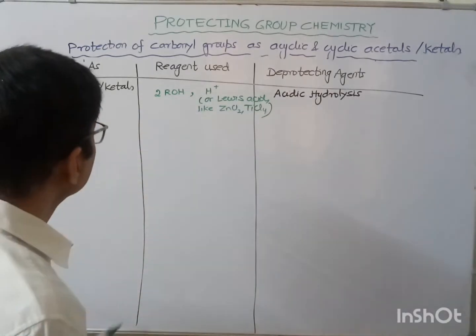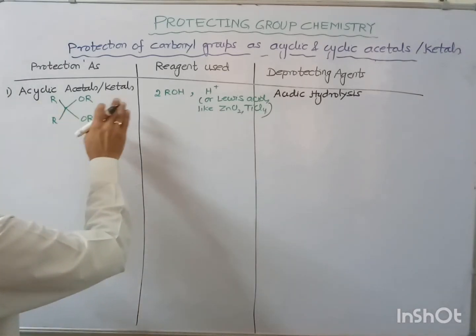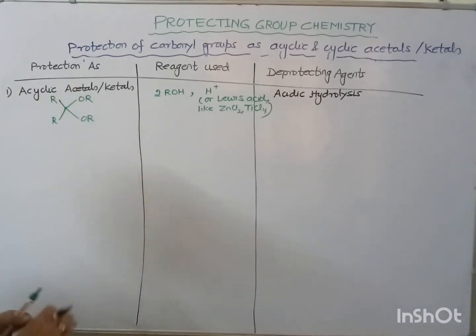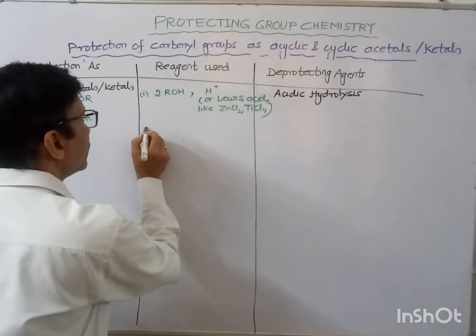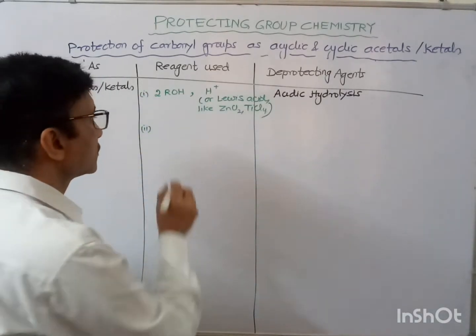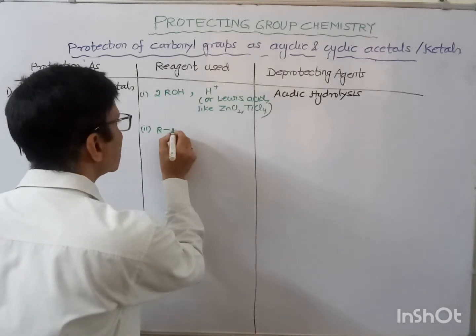Now, this is one of the ways, when we react the carbonyl compound with the alcohol. Another way, we can convert this carbonyl compound into acyclic acetals and ketals by reacting it with an orthoester.